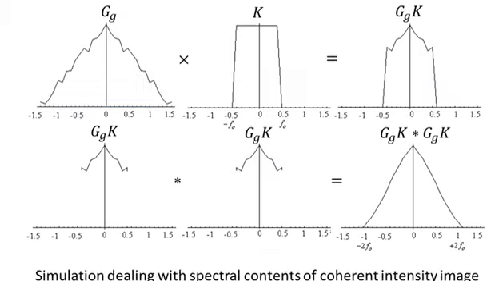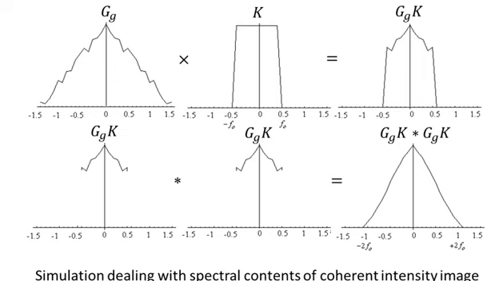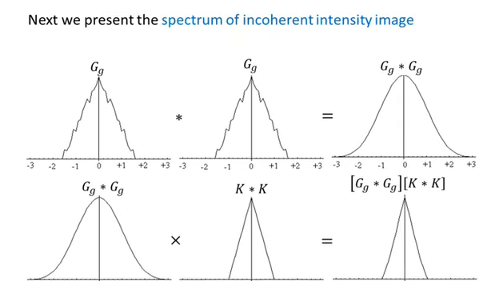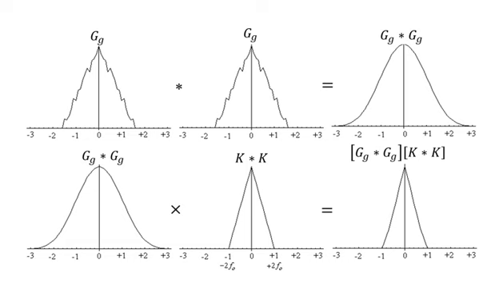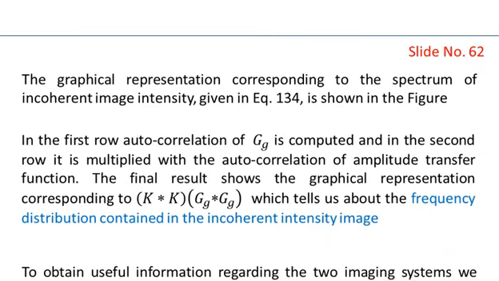So you see that we have obtained two sets of data. This is for the coherent system, and we have obtained this data for the incoherent system using the same values of G, capital G, and the same values of capital K, which we have assumed ourselves. The graphical representation corresponding to the spectrum of incoherent image intensity given in equation number 134 is shown in the figure.